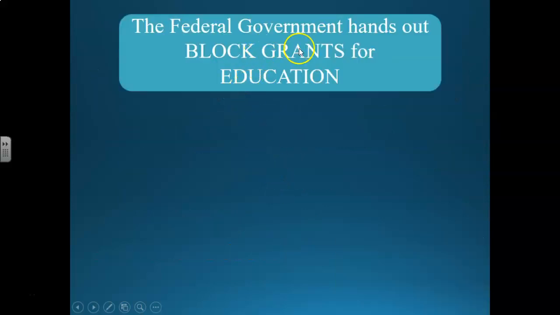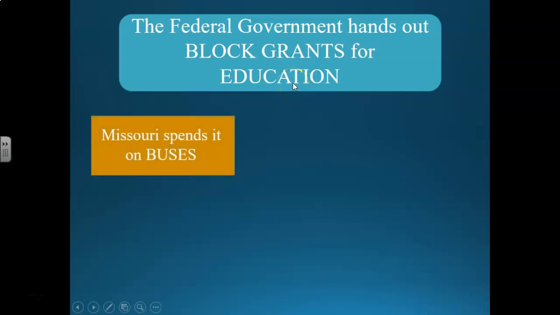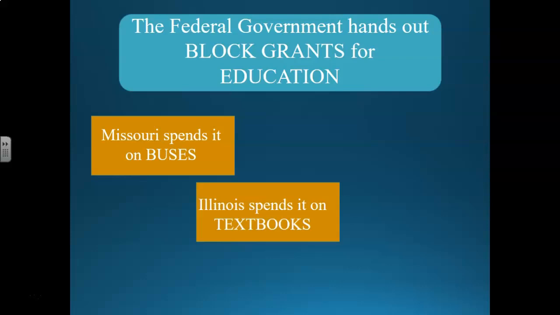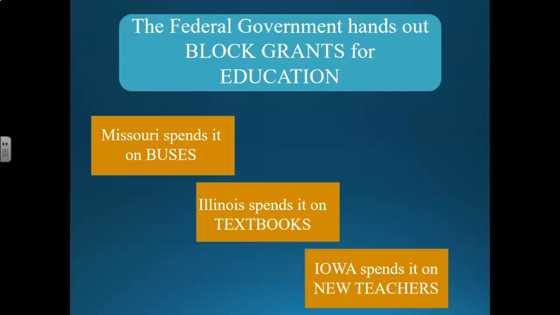So, for instance, let's say that there is a block grant for education, and Missouri applies and wants to spend it on buses. They could do that. But let's say Illinois wants to buy textbooks. They could do that. And let's say Iowa wants to hire new teachers. They could all do that because they're all spending money within the broad block of education.